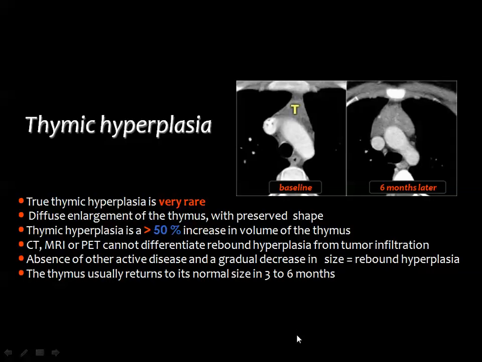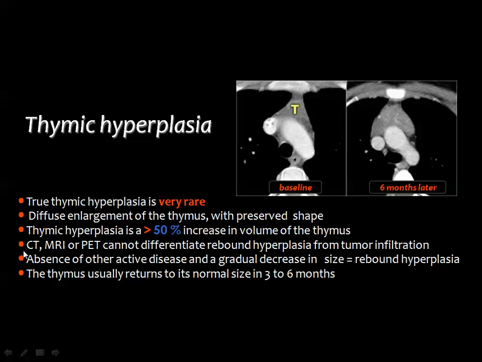And thymic hyperplasia is considered very rare. For the diagnosis of hyperplasia, the thymus should maintain its normal configuration, but it looks more bulky than it should be. Thymic hyperplasia means that there is a more than 50% increase in the volume of the thymus.